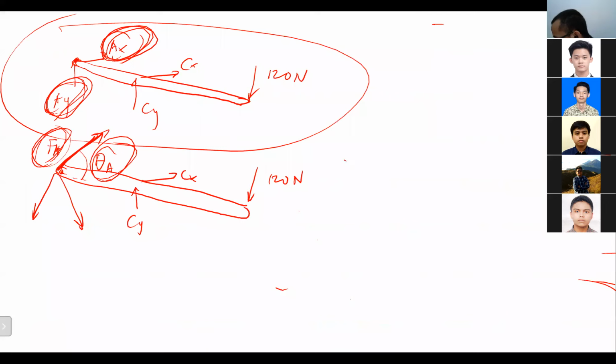So this is the thing that you're supposed to draw. This is 15 degrees. What else is there?